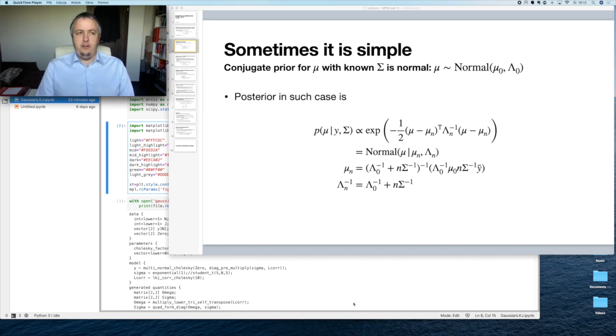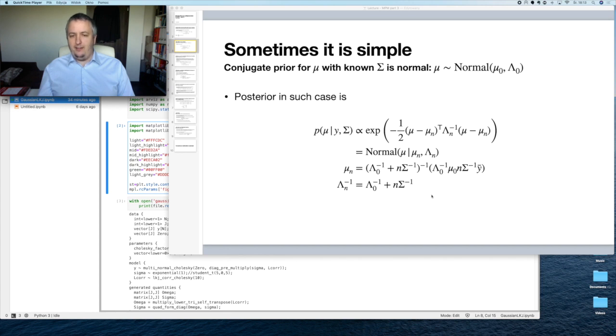In a situation when we know the covariance matrix and only the means are unknown, the situation is relatively simple. We have a very easily used conjugate prior for mu, which is also a normal distribution. So using our prior for mu, which is given by a multivariate normal with a certain mean mu0 and covariance lambda 0, we get our posterior in a very nice form, which can be expressed as a multivariate normal distribution conditional on parameters mu n and lambda n.